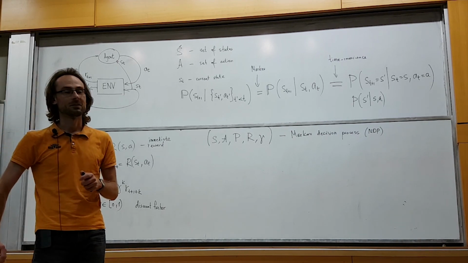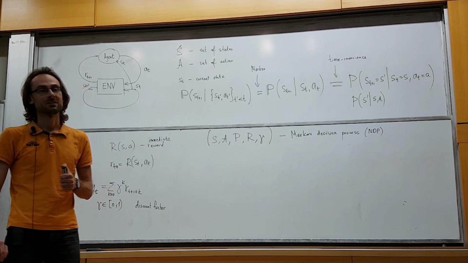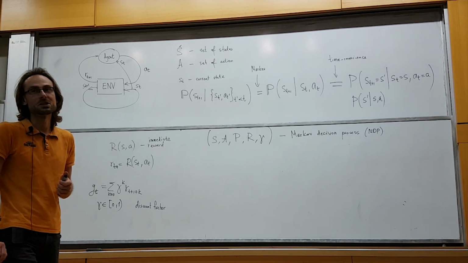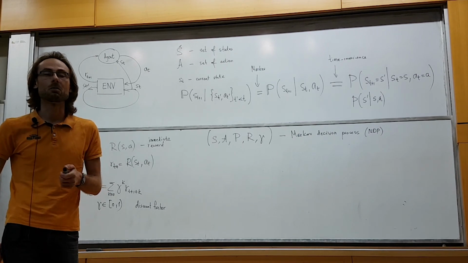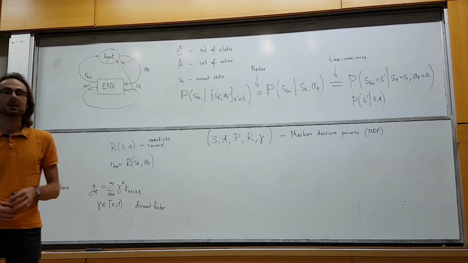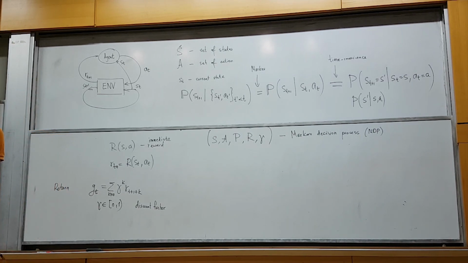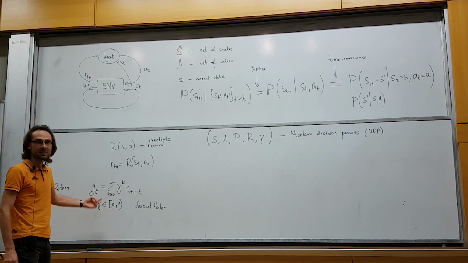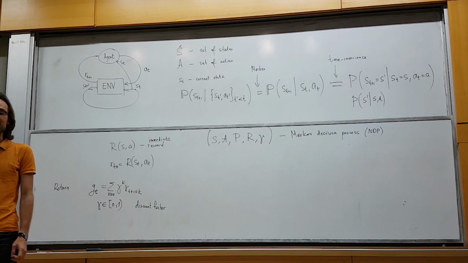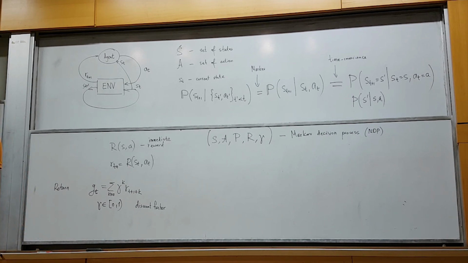Not necessarily faster, you might get suboptimal results in the long term, but it tells you to prefer immediate gratification rather than postponed gratification. So the exact value of gamma tells you how much immediate gratification you prefer over postponed gratification. Okay. So again, it's a parameter that you need to set.